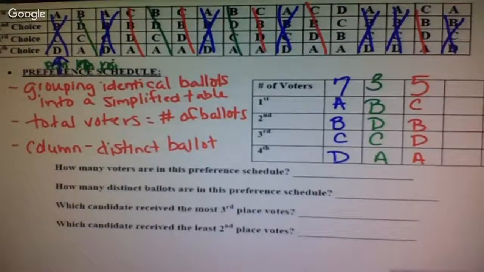And we've got one lonely ballot all by itself, DCBA. It's a lot easier to look at just 4 columns than 16 columns side by side.